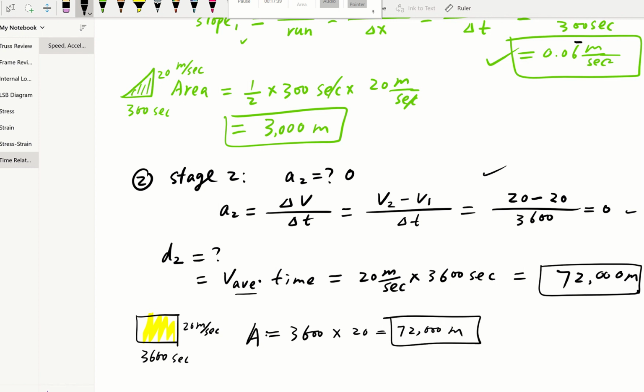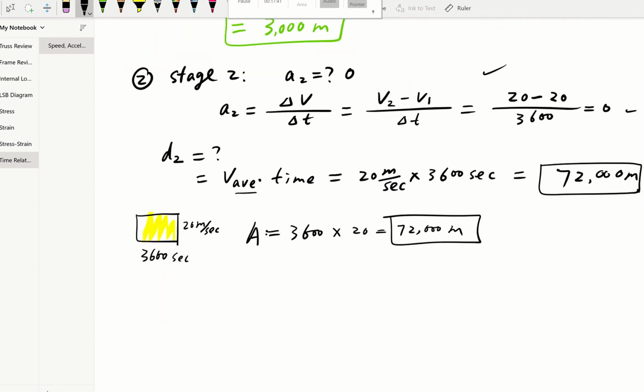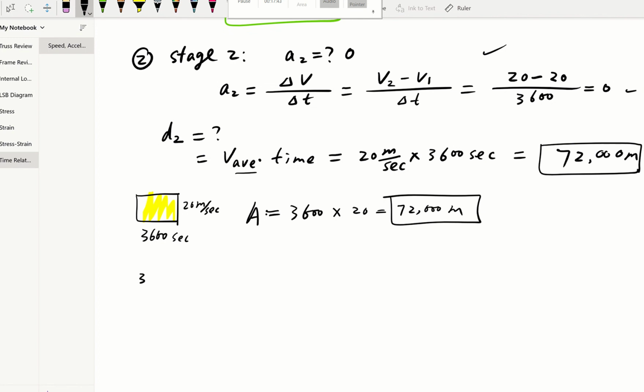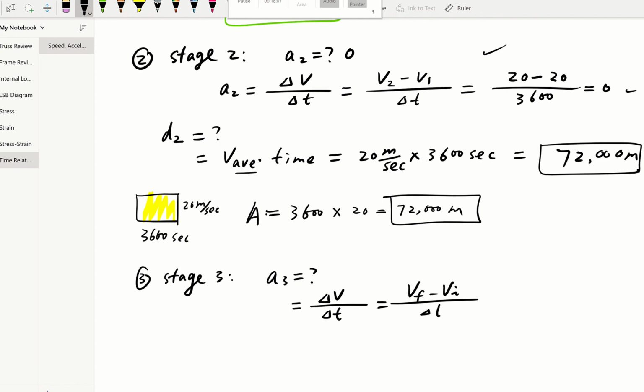Right? Okay. So the last stage, stage 3, they want you to find acceleration. Well, be aware this is deceleration, right? We're going to use our formula, the change in velocity over time: final speed minus initial speed, either Vf minus Vi or V2 minus V1, divided by time.